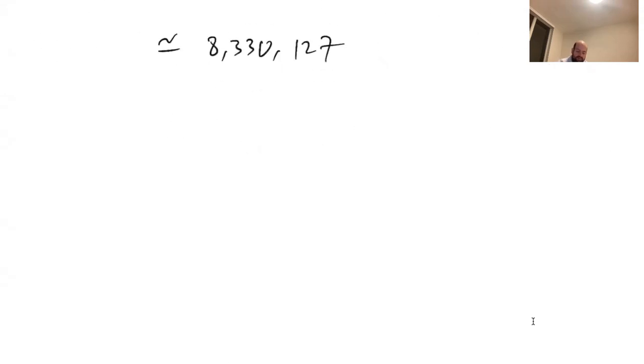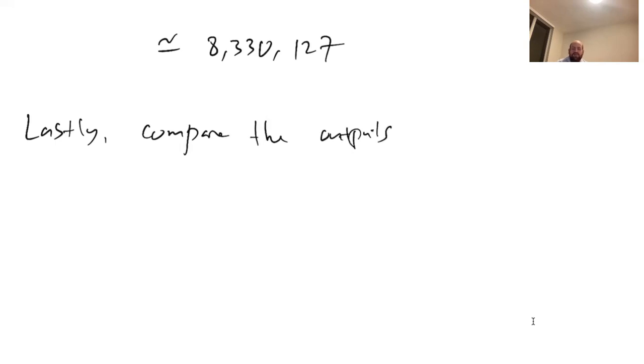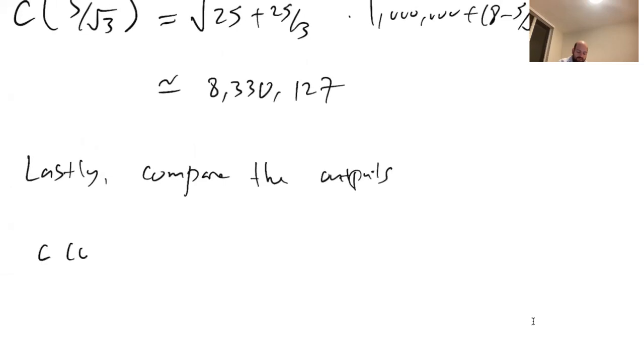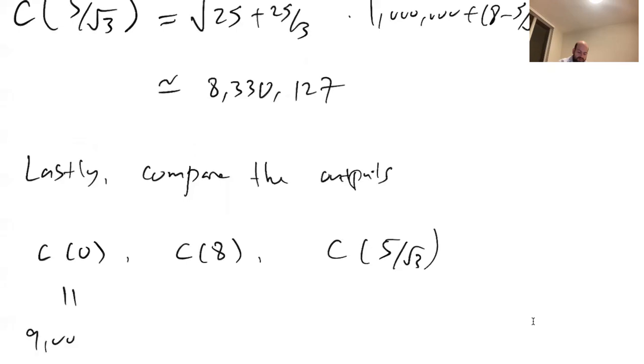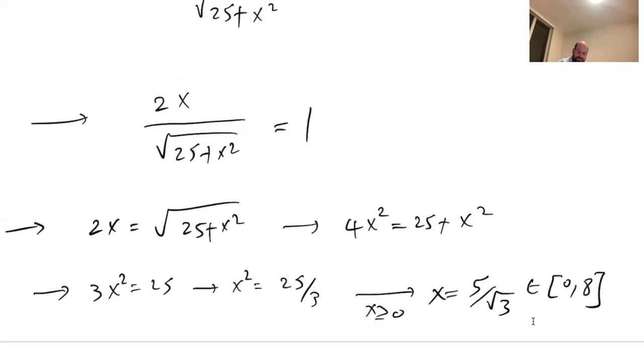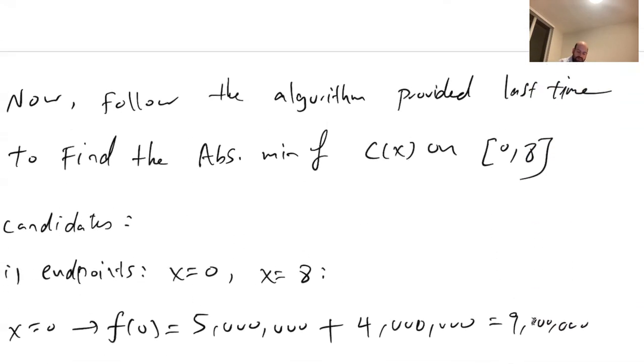Okay, so lastly, compare the outputs. Which outputs? The outputs corresponding to endpoints and the outputs corresponding to critical points. So that will be C of 0, C of 8, and C of 5 over root 3. C of 0 was 9 million. C of 8 was root 89 times 1 million, if you remember.